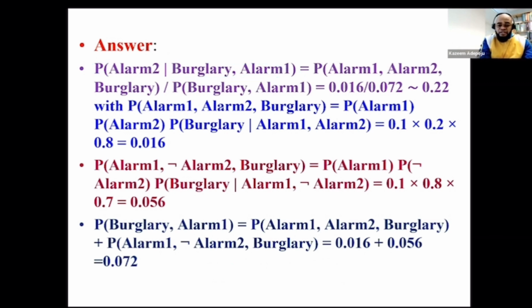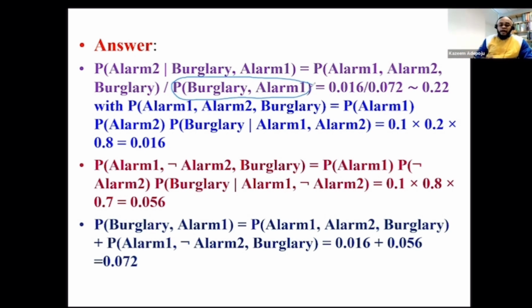So finding this guy, we're going to have the joint of alarm 1, alarm 2, and burglary in the numerator, divided by the probability of burglary and alarm 1. I need to figure out the numerator, which is that particular joint, and I also need to figure out the burglary and alarm 1.